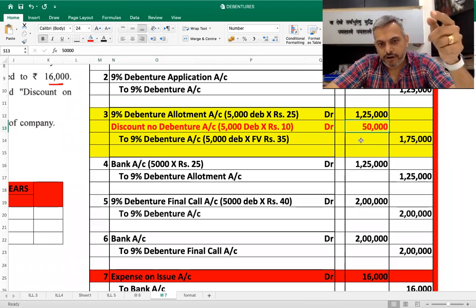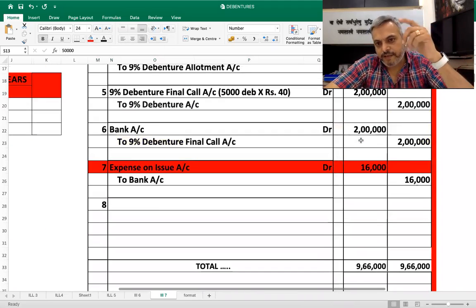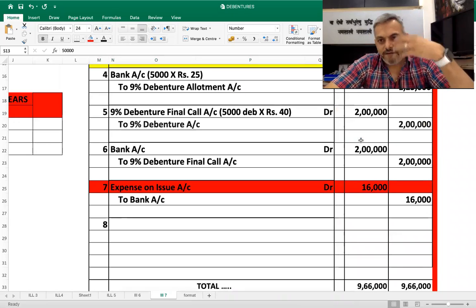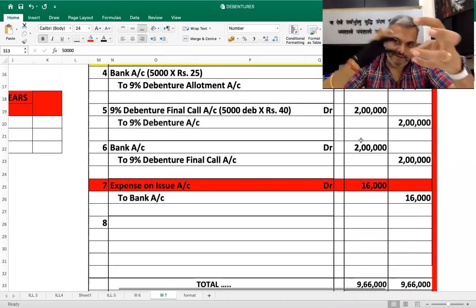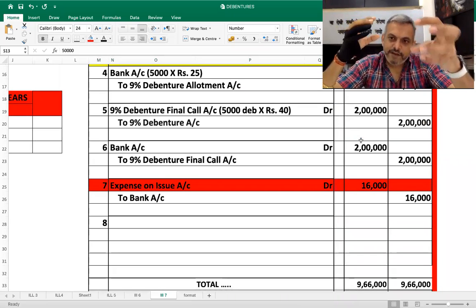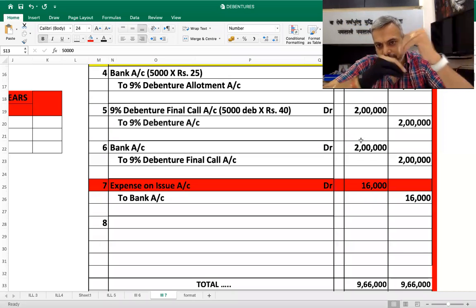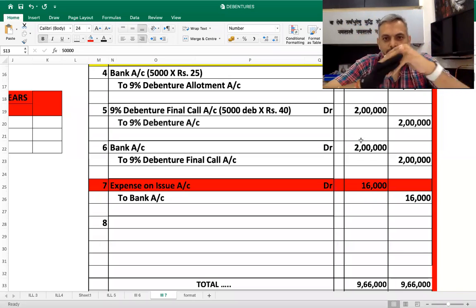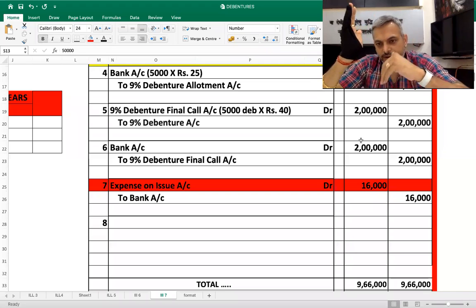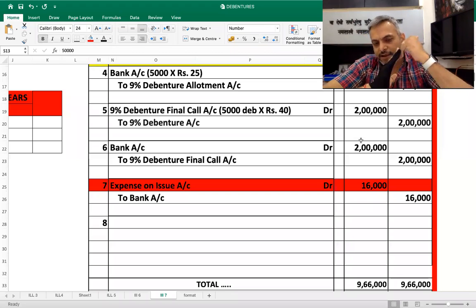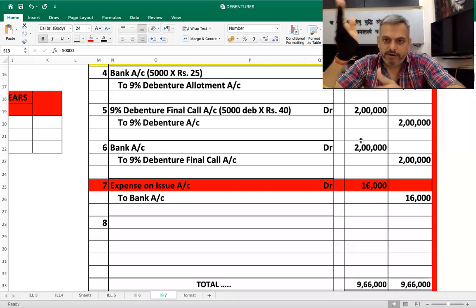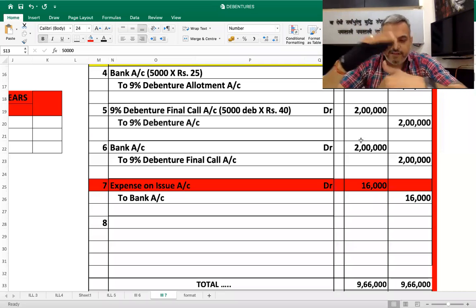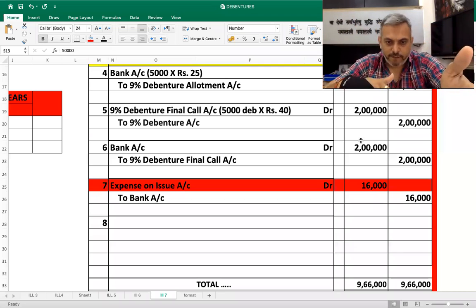One is discount on debenture, another is expense on issue. Now we have incurred this expense, but the benefit received from this expense is for a longer period of time. So we defer it. And that's why both of them will be first recorded on the asset side. They are deferred revenue expense, miscellaneous expenses to the extent not written off. You'll see this when you see the balance sheet format.